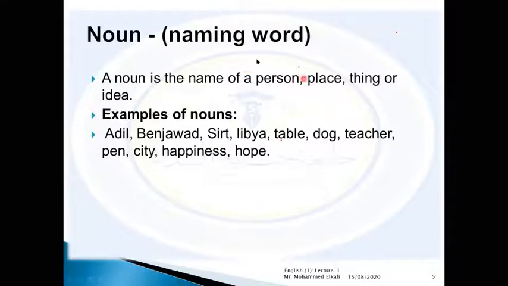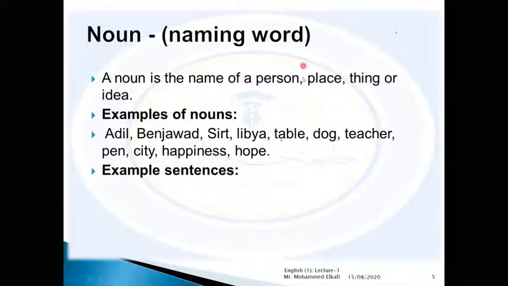When you say a person, here we think of Adil, Ahmed, Muna, okay? is an example for a name of person. Can be girl also, boy, man, woman. Okay.